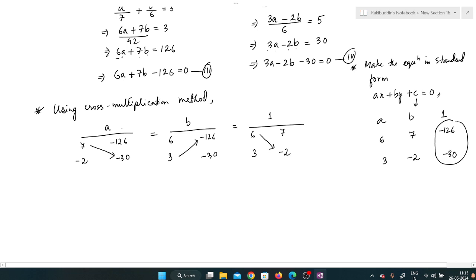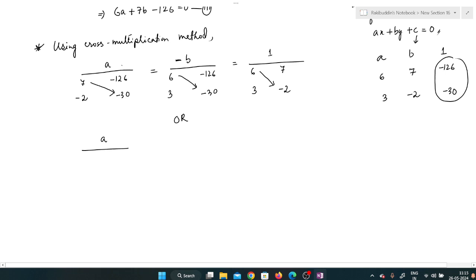One more thing you can do: if you choose all the arrows downward, from top to bottom, then you have to put a negative sign here. Just remember this, don't forget this. You can use this, or I'll write both for you.